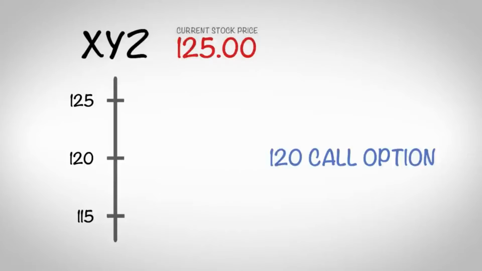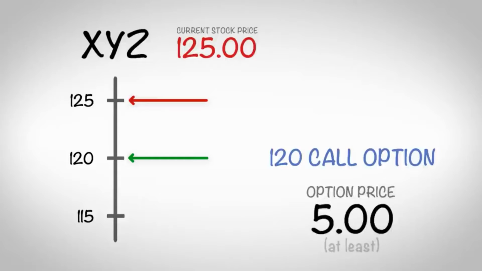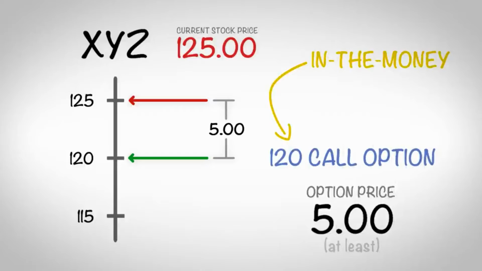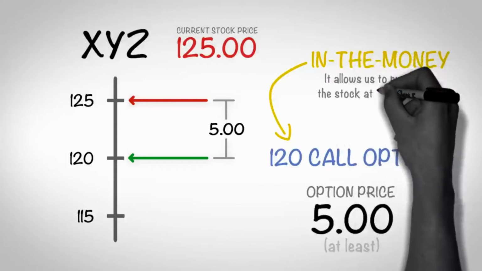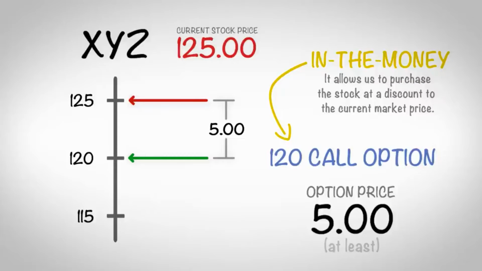Well, if the current stock price is at 125 and you own an option that gives you the right to buy stock at 120, then that option is going to be worth at least $5, right? Because if you exercise the option, you would have an immediate $5 per share profit. In this scenario, we would refer to this option as being in the money because it has value. It allows us to purchase the stock at a discount to the current market price. So again, this option is referred to as being in the money.